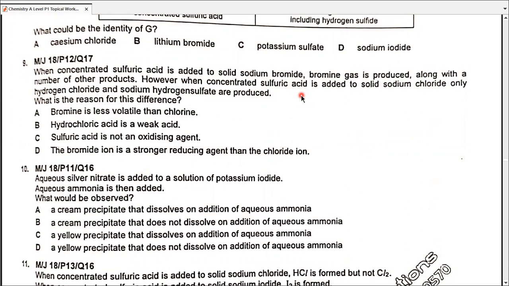When concentrated sulfuric acid is added to solid sodium bromide, bromine gas is produced, along with a number of other products. However, when concentrated sulfuric acid is added to solid sodium chloride, only hydrogen chloride and sodium hydrogen sulfate are produced. What is the reason for this difference?